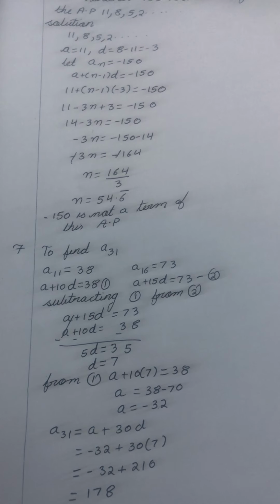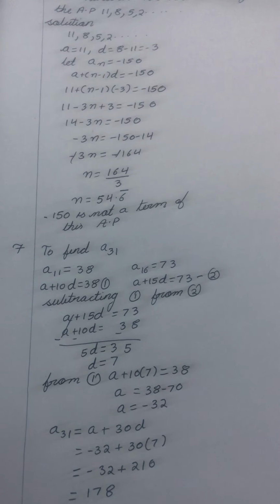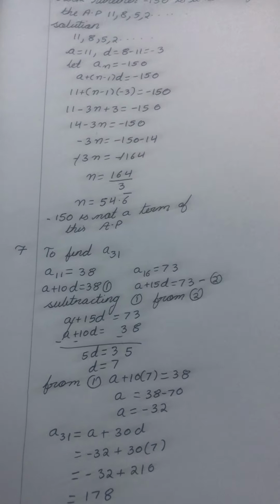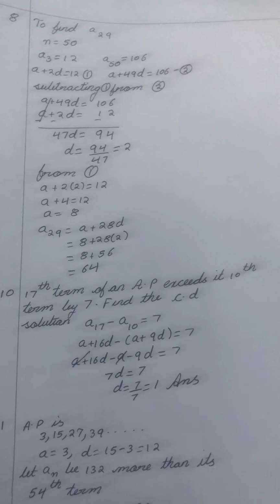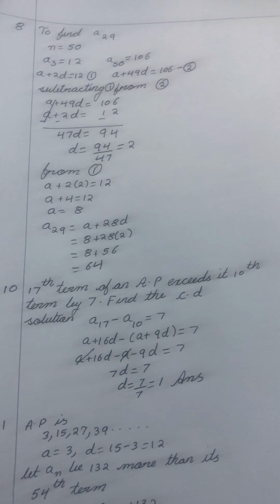Next, question number 8. An AP consists of 50 terms, of which the third term is 12 and the last term is 106. Find the 29th term.